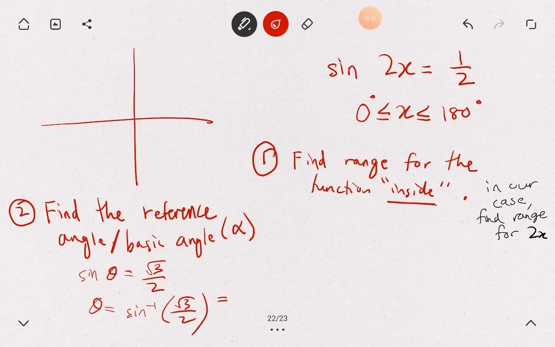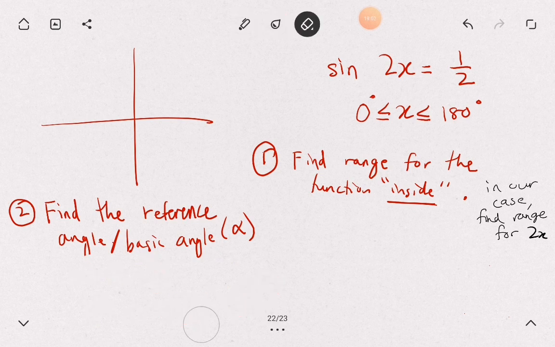And then if you put it in a calculator, you will get 60. So this is the basic angle. Basically this theta here, 60 degrees, is the basic angle. The point is, in your calculator you will only get 60 degrees. You won't get other numbers, you won't get 100, like.